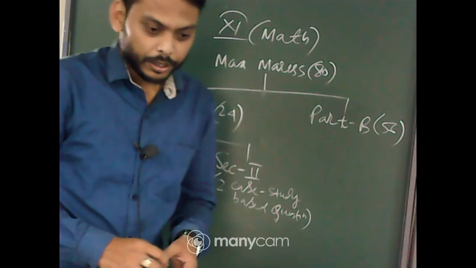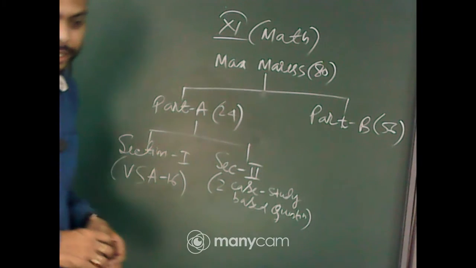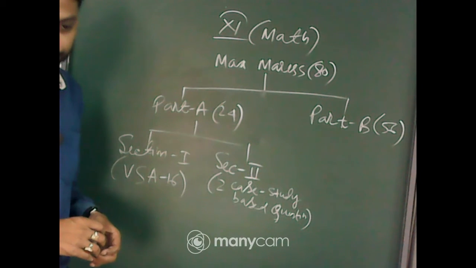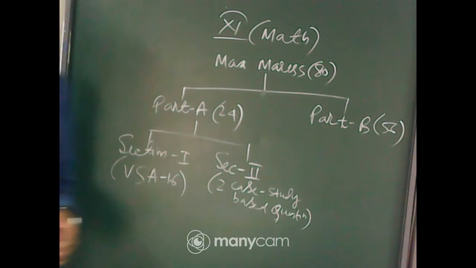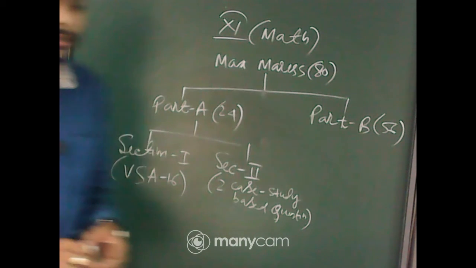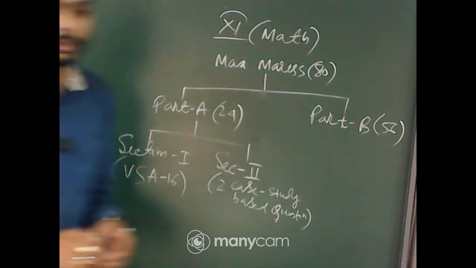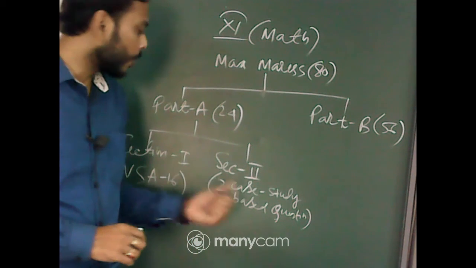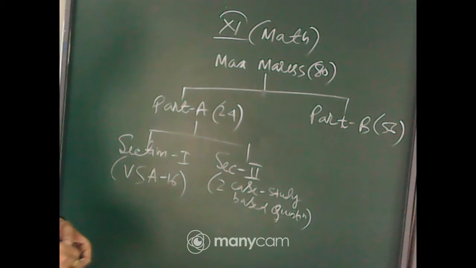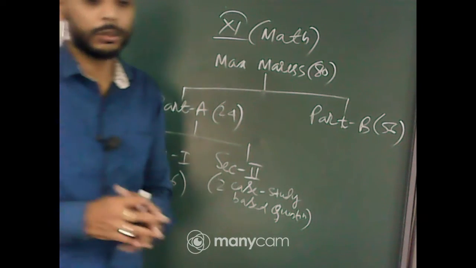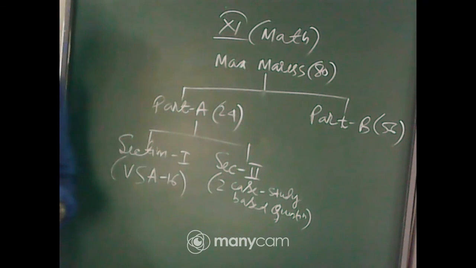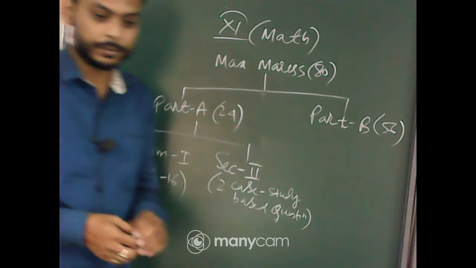Each case study comprises 5 case based MCQs, and an examinee has to attempt any 4 out of 5 MCQs. So 4 MCQs from the first case study and another 4 MCQs from the second case study, total 8 marks.